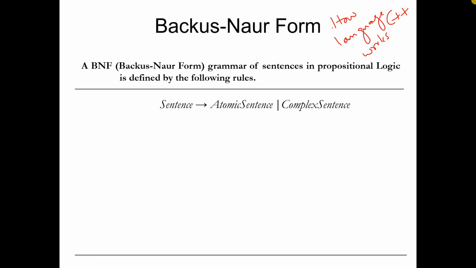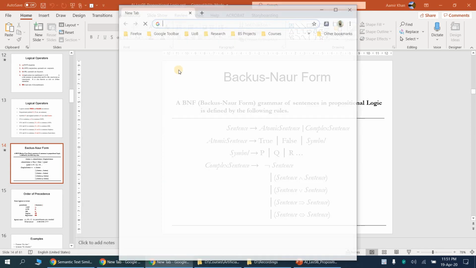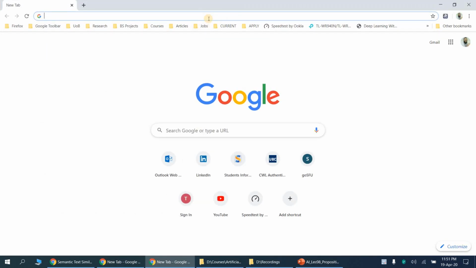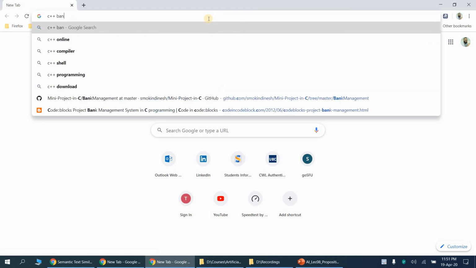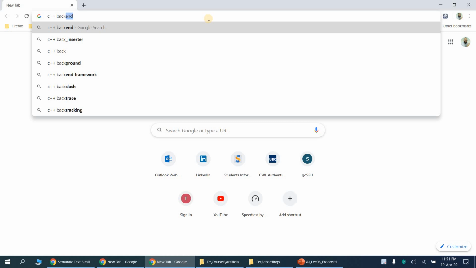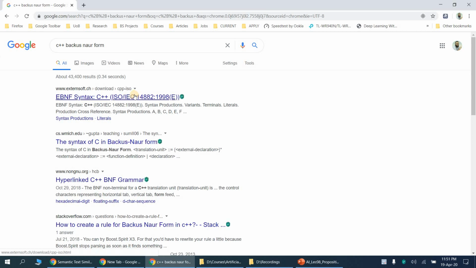So let me give you an example. Let's go over here and search, for example, C++ Backus-Naur form. In short, it's also called BNF.